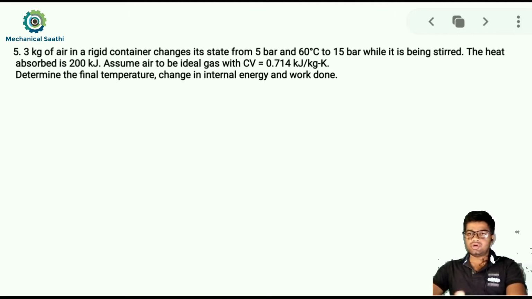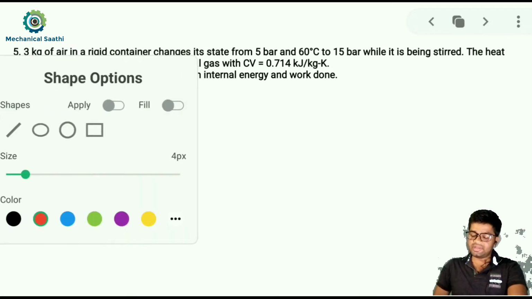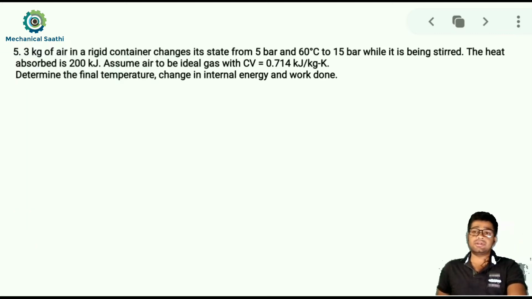Before solving, I suggest you solve it by yourself, and after solving, compare your solution with this. Okay, let me solve this. For solving any thermodynamics question, we should first draw the process diagram. Here we can draw the pressure versus volume diagram. Why, I will tell you later.